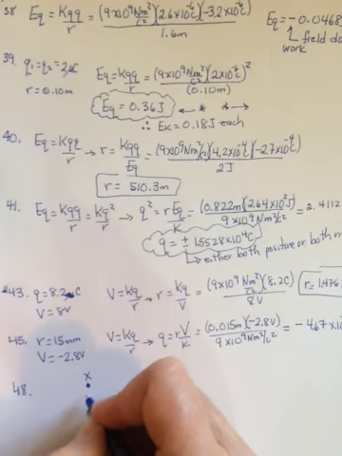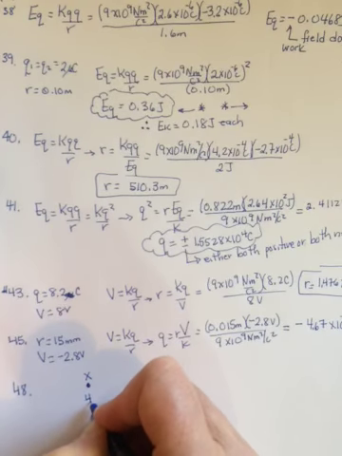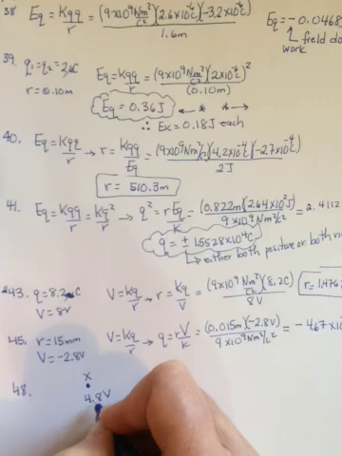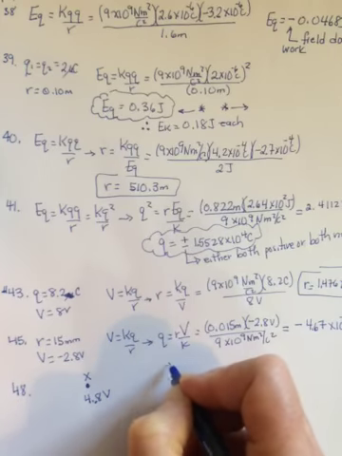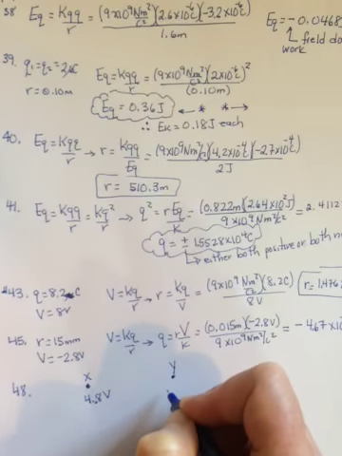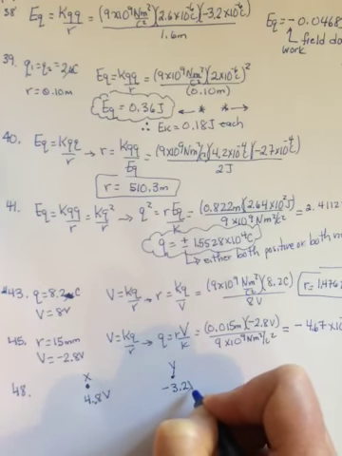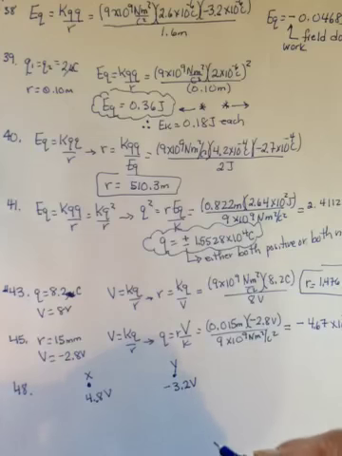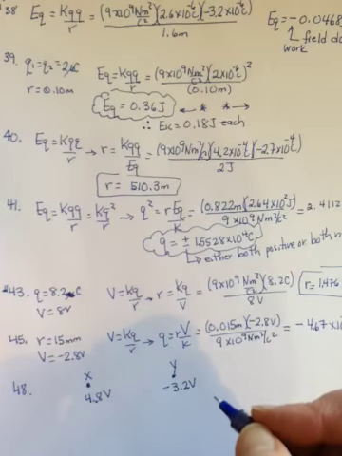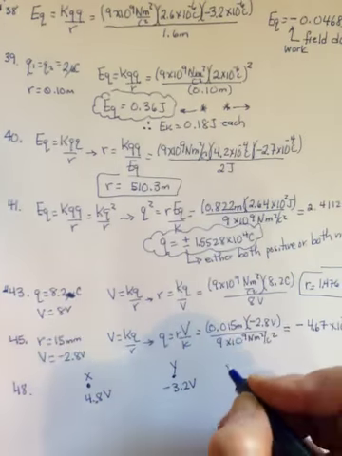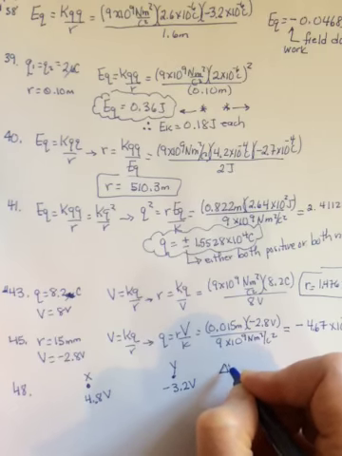Okay, so we're going to call this X, and it has a potential difference of positive 4.8 volts. And we're going to call this Y, and it has a potential difference of negative 3.2 volts. Okay, and so then the question says, what is the electric potential difference between them, delta V?